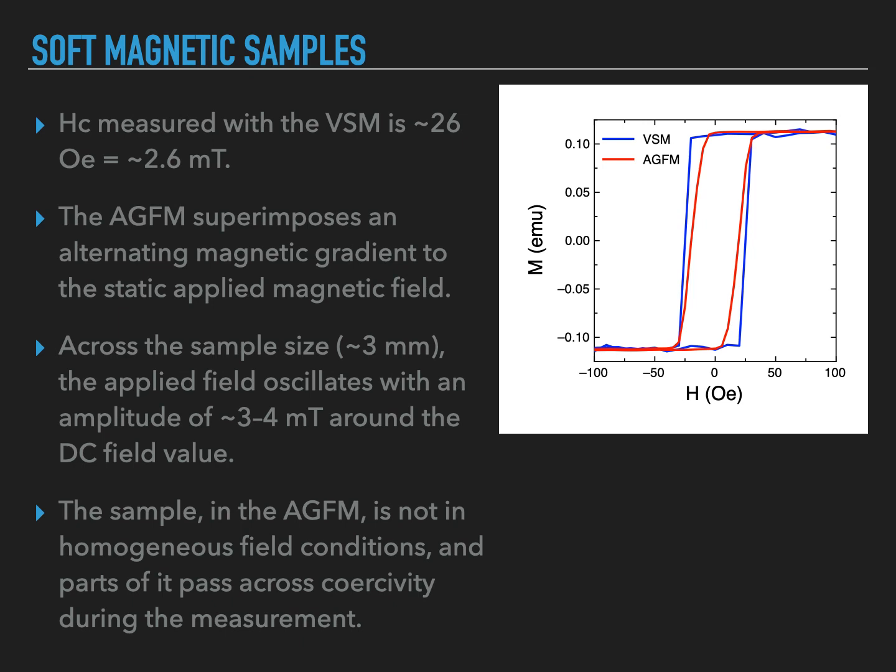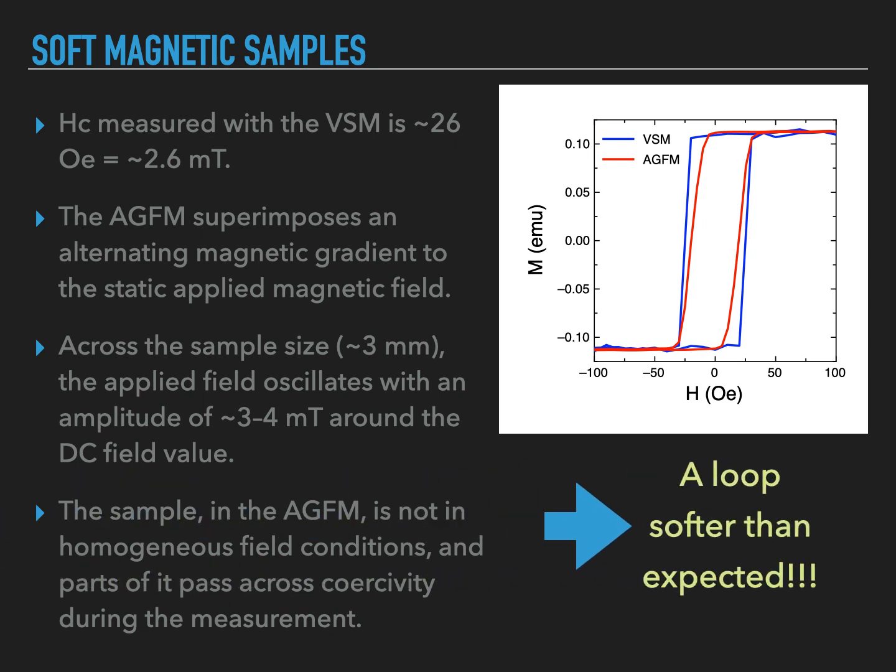This means that in the AGFM, the sample is not in homogeneous field conditions, and parts of it pass across coercivity during the measurement. So, this is the reason why the two hysteresis loops measured with the VSM and with the AGFM do not look the same.